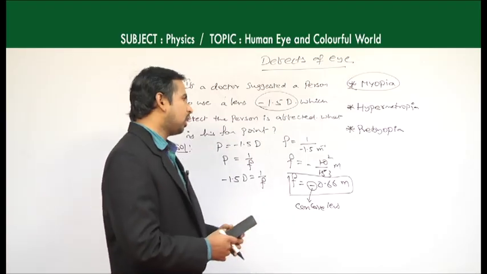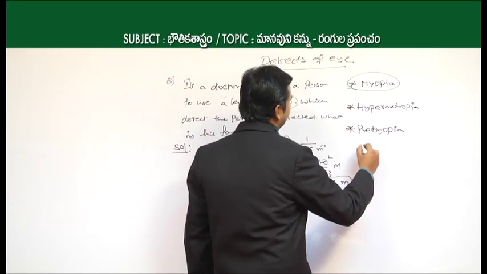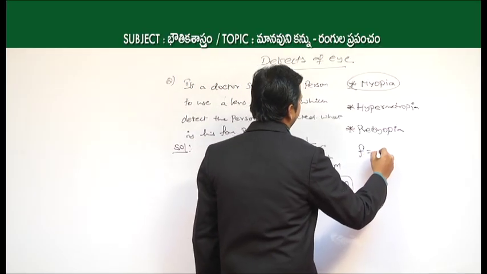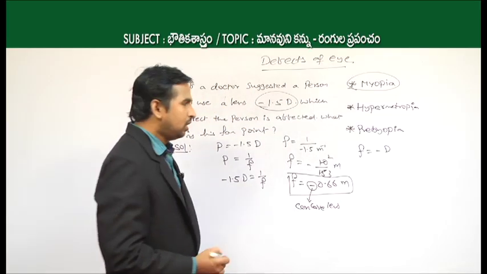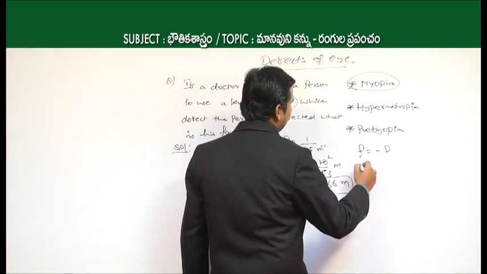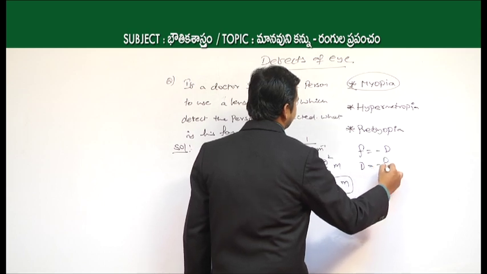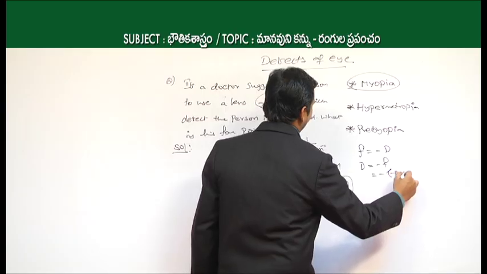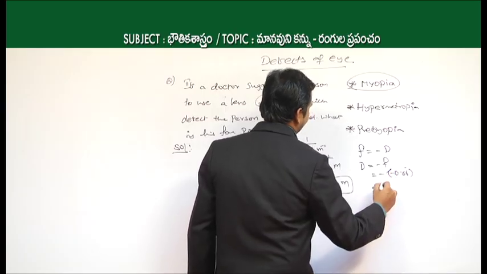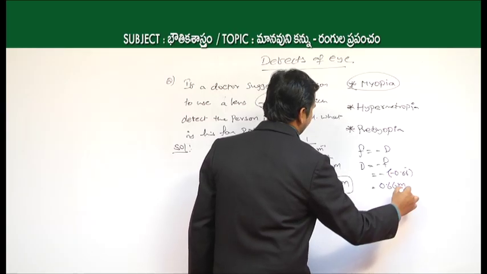And not only that, the question asks what is his far point. We know that the far point distance is equal to the focal length, which is f is equal to minus d. Means the far point distance d is equal to minus f, which is minus of the focal length given, minus 0.66, so 0.66 meters.